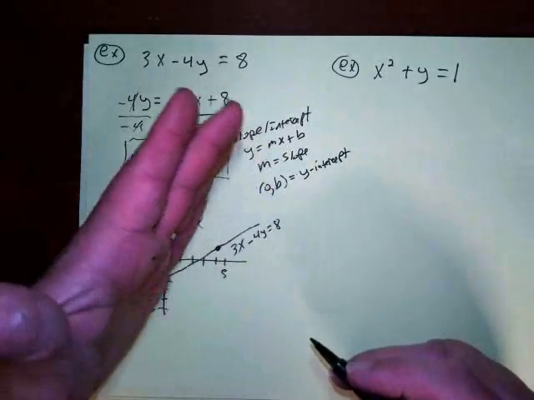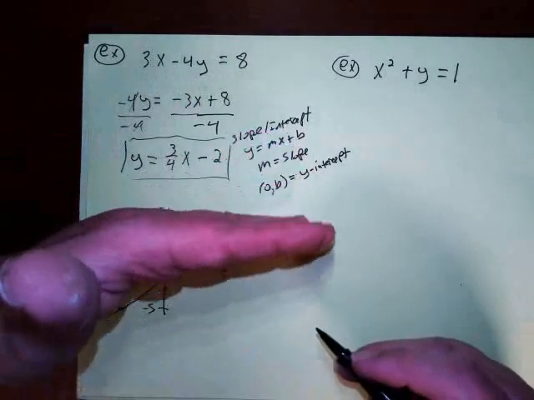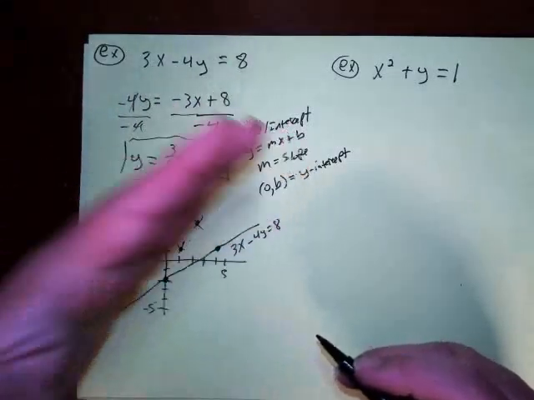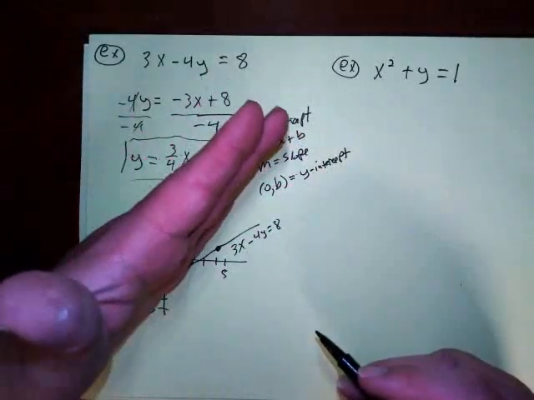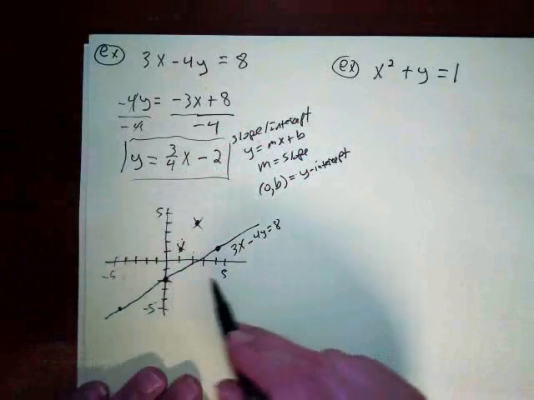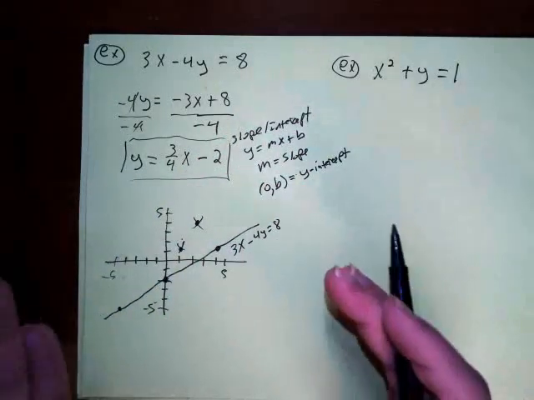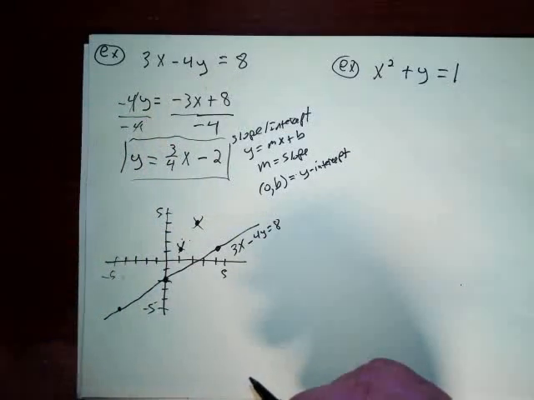If you're greater than 1, you're really steep. If you're between 0 and 1, like a fraction, like 3/4, then you're more flat. A horizontal line has a slope of 0, and a vertical line has an undefined slope.